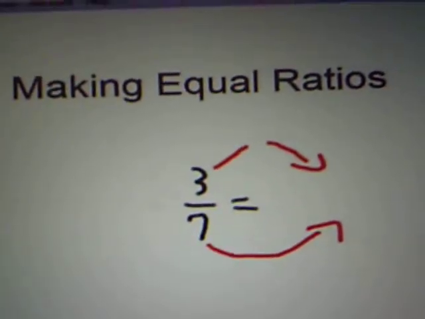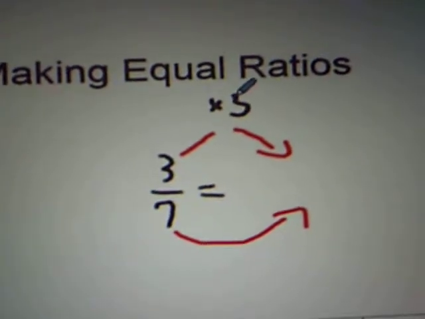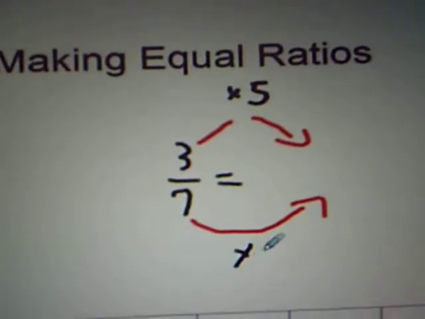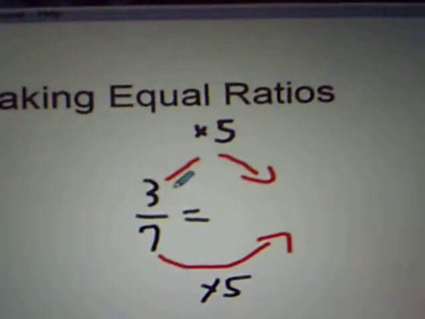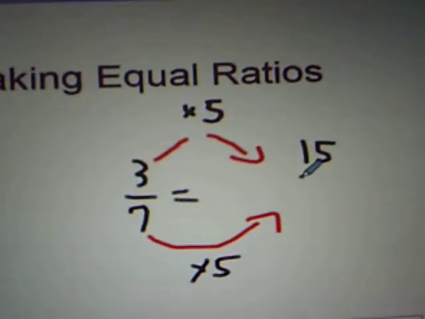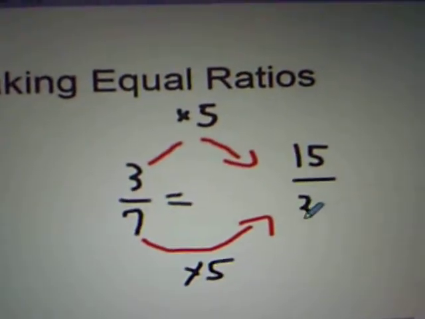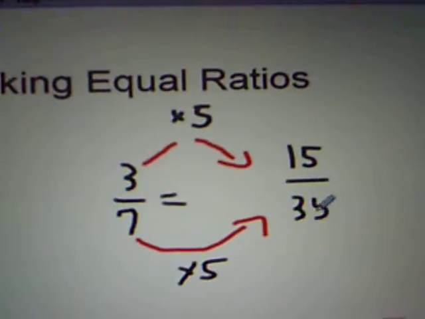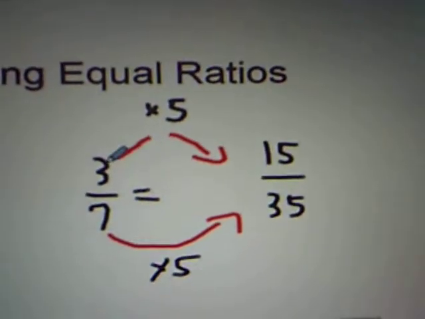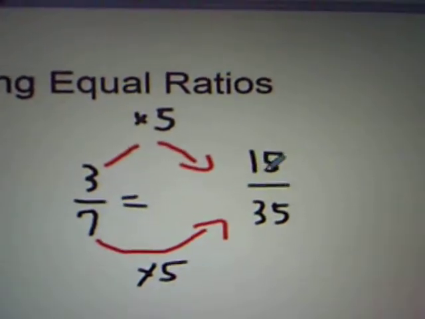So let's see if I multiply them both by 5. Times 5, times 5. 3 times 5 is 15. 7 times 5 is 35. So I can say that 3 to 7 is the same as 15 to 35.